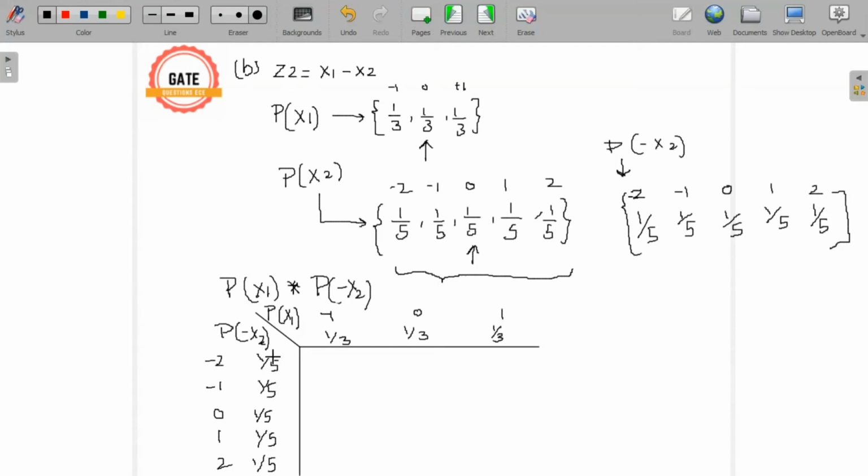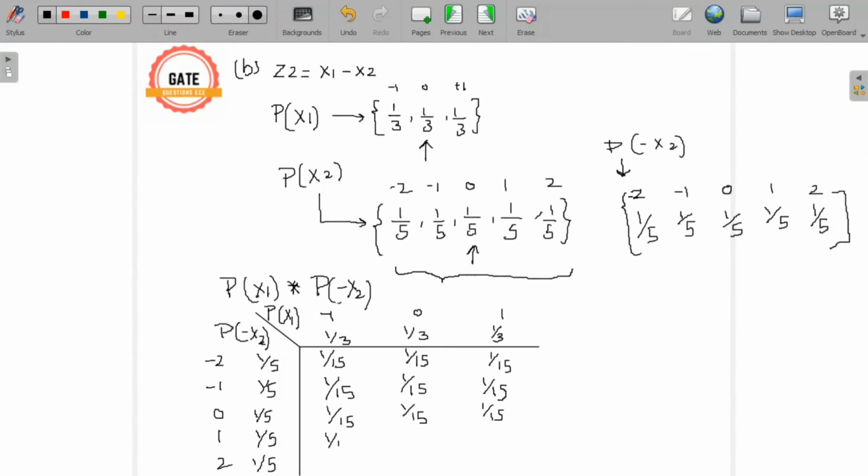So multiplying this term with all the elements here, we will get 1 by 15, 1 by 15 and 1 by 15. Since all the elements are 1 by 5 here, all the elements here will be 1 by 15. So we will get 1 by 15 here, all the rows, all 5 rows, each element will be 1 by 15.